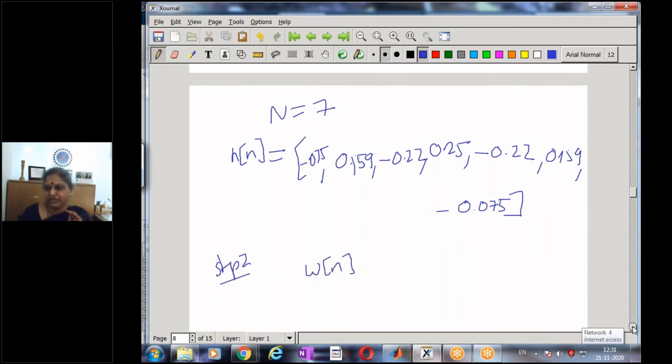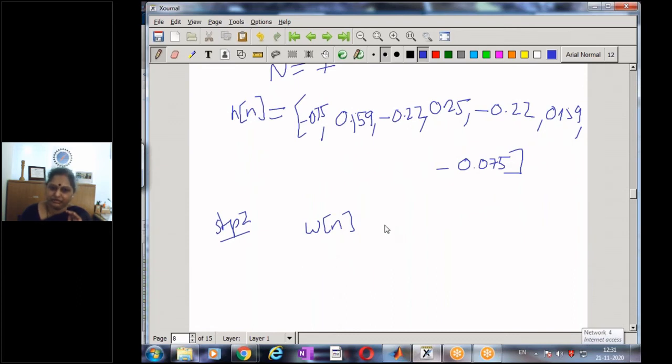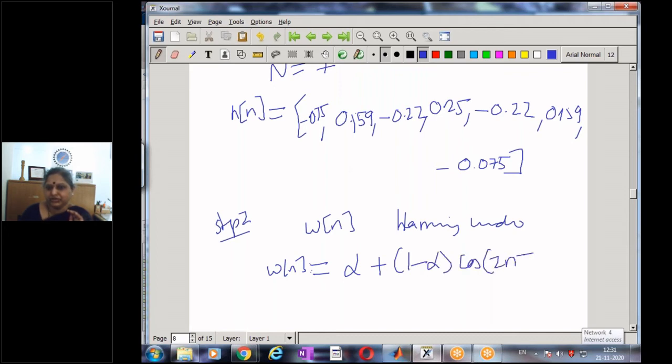Let us say we use the Hamming window function, which is given by alpha plus 1 minus alpha cos 2n pi by N. In this case, for a Hamming window, this is 0.54 plus 1 minus 0.54, that is 0.46, cos 2n pi by 7.